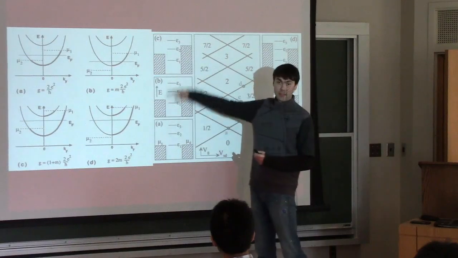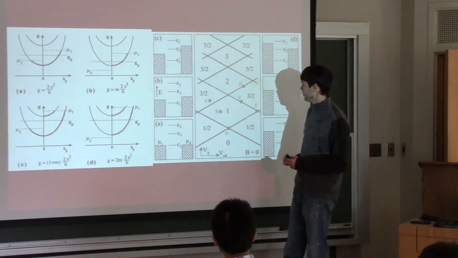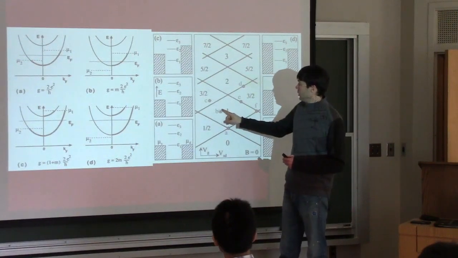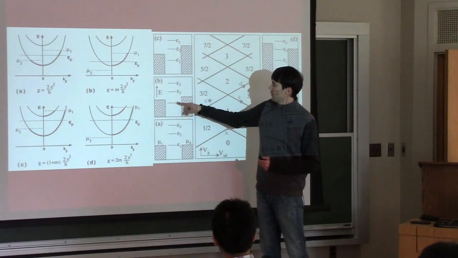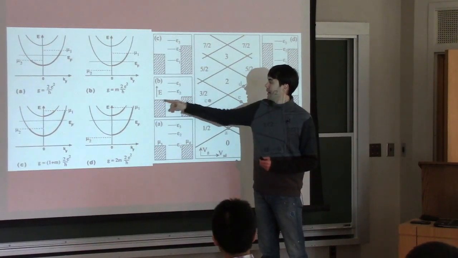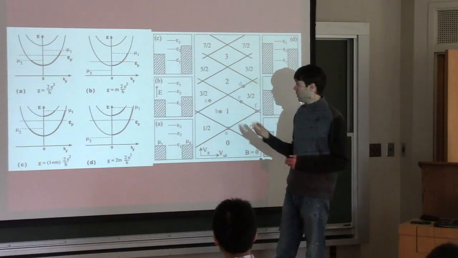And the higher subbands are somewhere higher in energy, inaccessible to us. In B, we are somewhere above the bottom of the lowest subband, and we have some finite bias because we are a little bit off axis. So we will measure some current.